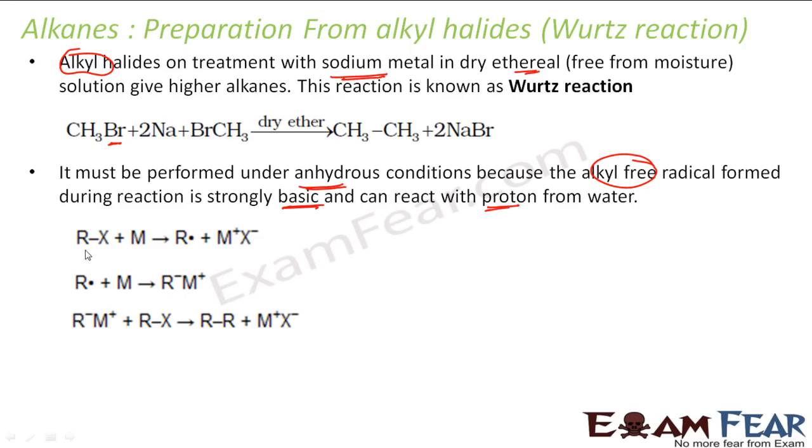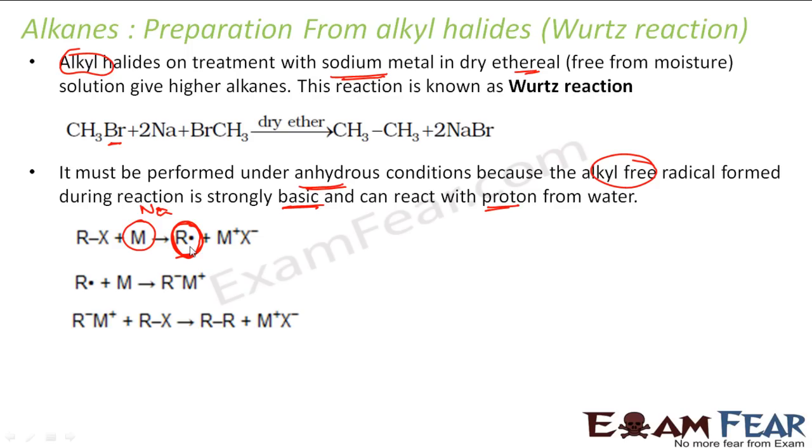So this is the reaction. I have my RX here, and this is my metal, it can be sodium. When you react sodium with this, you get a free radical of R and NaX. The sodium takes the chlorine or whatever halogen it had, and you get the free radical R. This is very reactive, so even a small amount of water will react with hydrogen from the water.